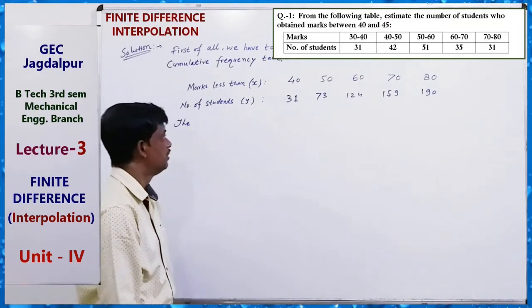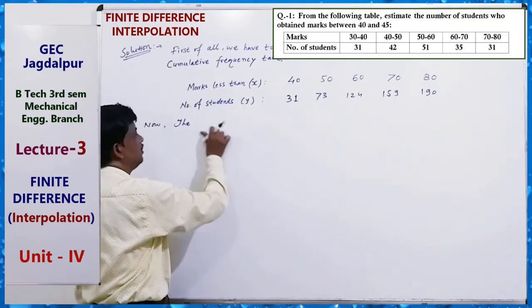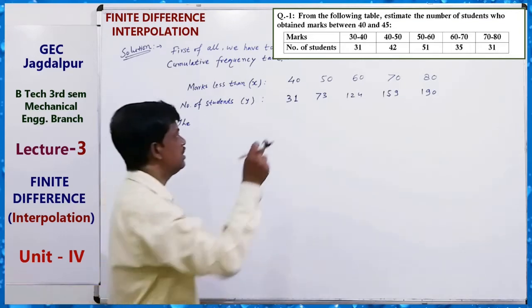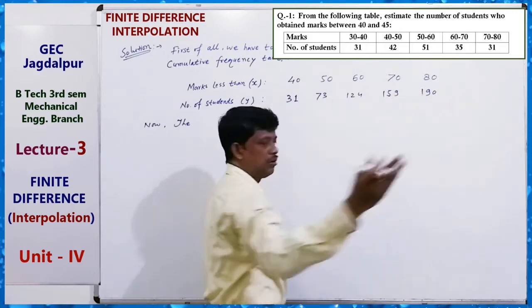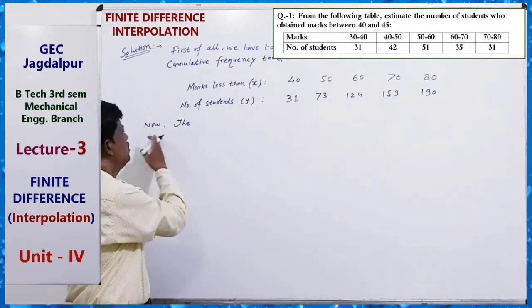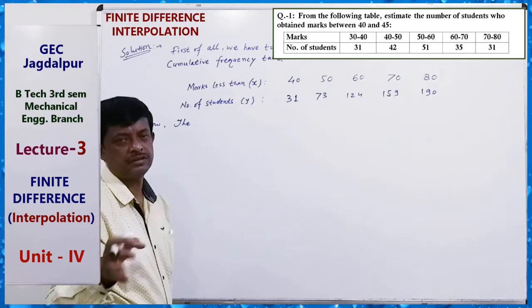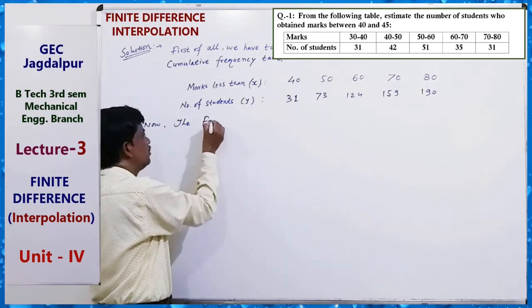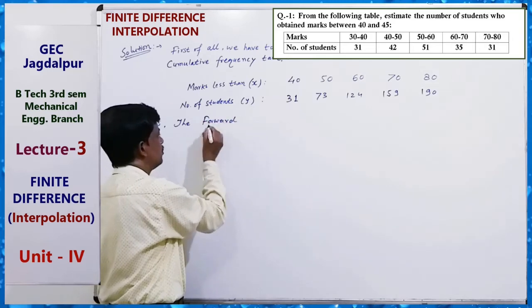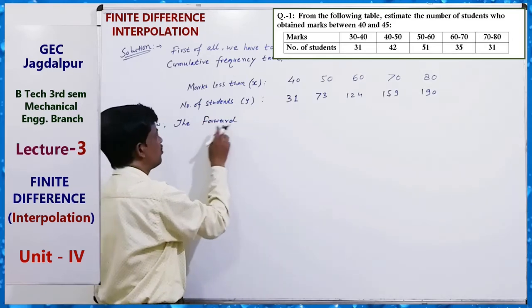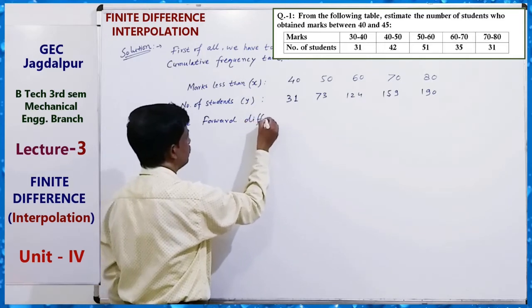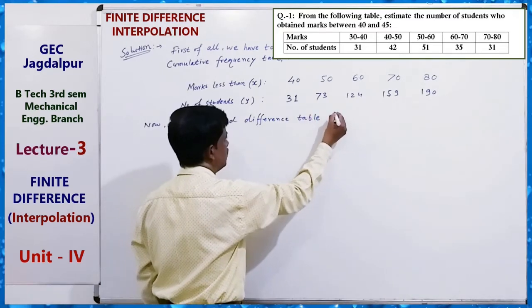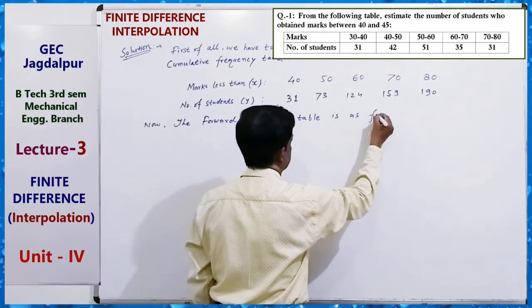Here we require only 45, which lies near the beginning. So the forward difference table can be written as follows.